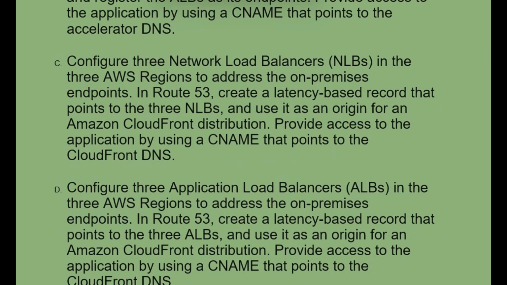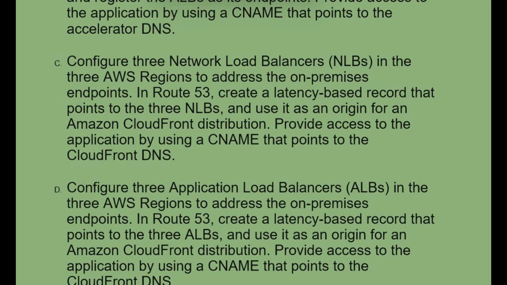Option C, configure three network load balancers (NLBs) in the three AWS regions to address the on-premises endpoints. In Route 53, create a latency-based record that points to the three NLBs and use it as an origin for an Amazon CloudFront distribution. Provide access to the application by using a CNAME that points to the CloudFront DNS.